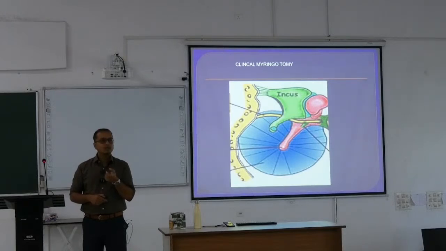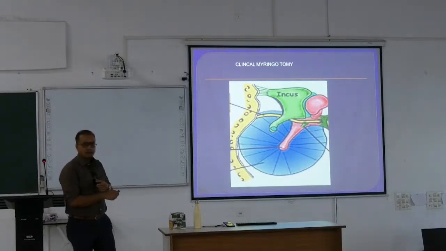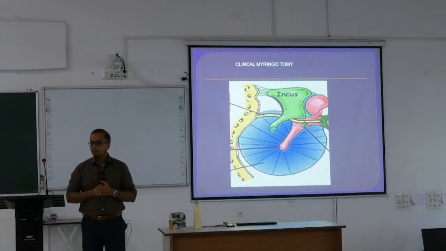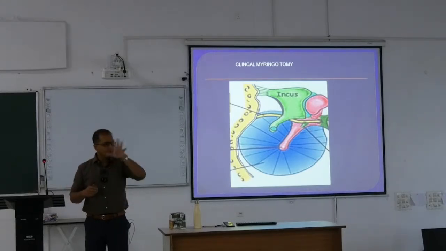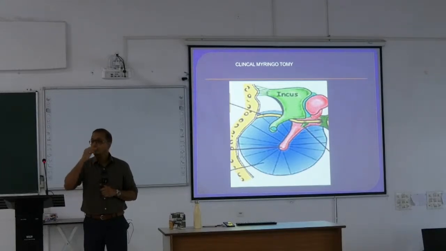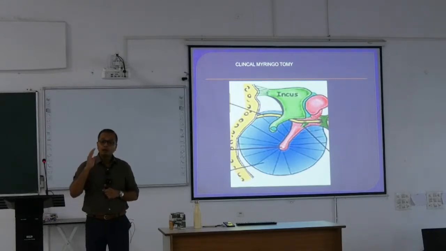Now, my question is, this is a tympanic membrane given here. Where are you going to cut that tympanic membrane? Which quadrant are you going to cut? You remember the locations for administering intramuscular injections in the gluteal region. How do you give intramuscular injections in the gluteal region? Into what location do you pierce that needle? Upper outer quadrant.